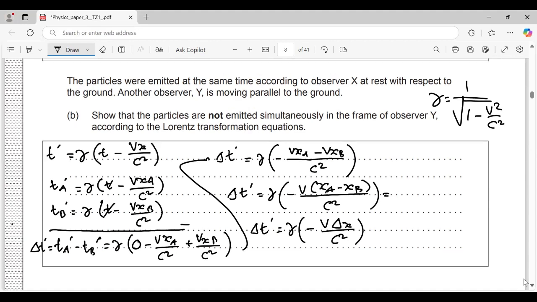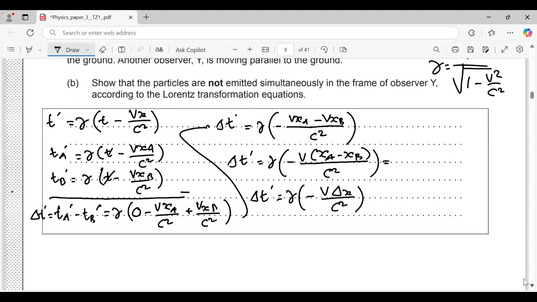So I'm going to add some information. If x A is not equal to x B, then t A prime is not equal to t B prime.